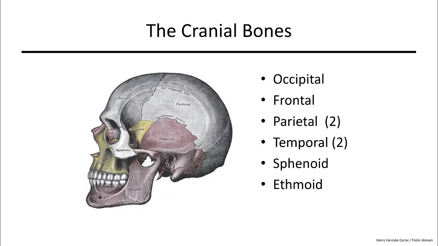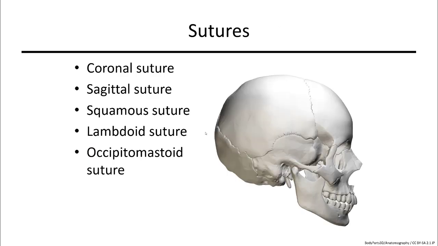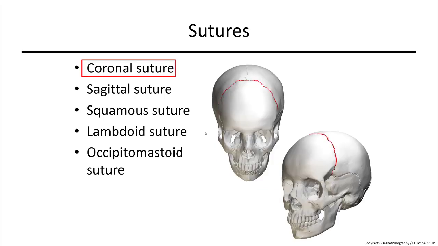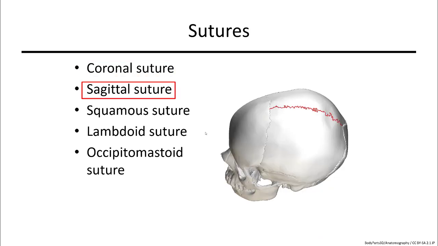Here we have the cranial bones: occipital, frontal, 2 parietal, 2 temporal, sphenoid, and ethmoid. The sutures of the skull are where these bones come together. We can see the coronal suture shown here in red, across the front between the frontal bone and the parietal bones. The sagittal suture is along the midline of the skull between the 2 parietal bones.